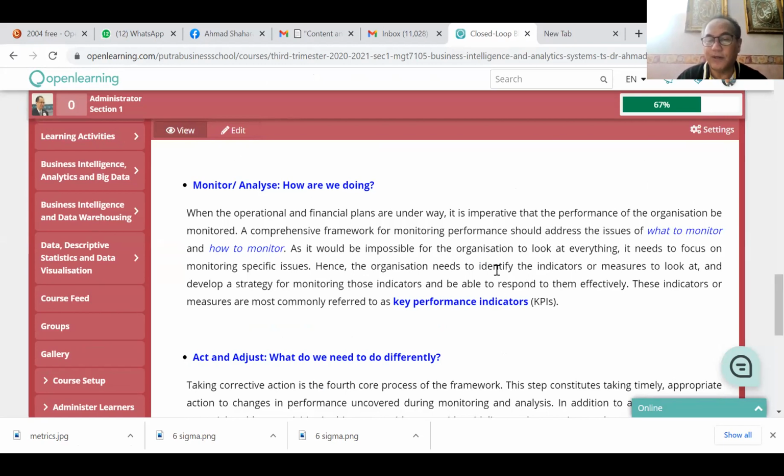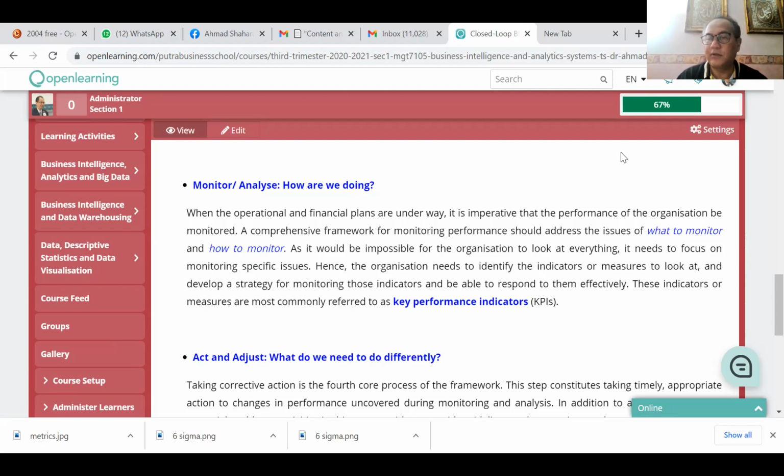You need to identify the indicators and measures you need to look at, develop a strategy for monitoring these indicators, and be able to respond to them effectively. These indicators or measures are most commonly referred to as key performance indicators.